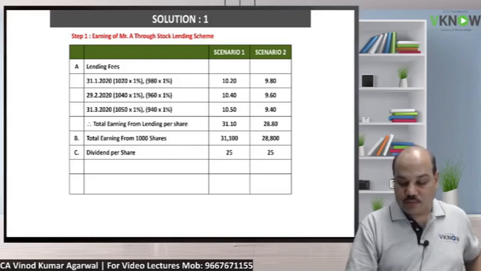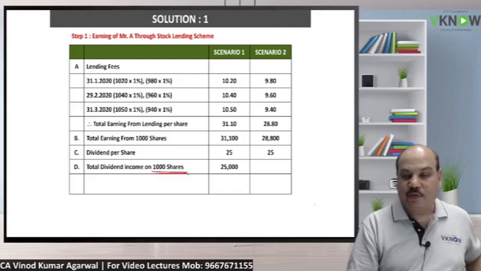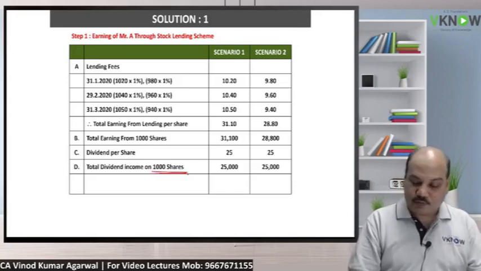Dividend is 25 rupees per share. So total dividend on 1000 shares will be 25,000.